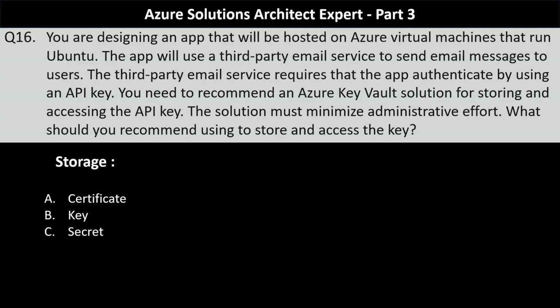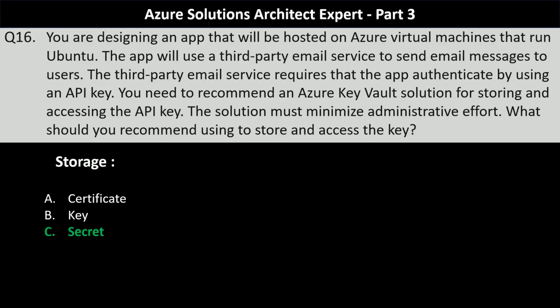Now for storage, you have three options: certificate, key, and secret. Folks, API keys are typically stored as secrets in Azure Key Vault. Azure Key Vault can store and manage secrets like API keys, passwords, or database connection strings.